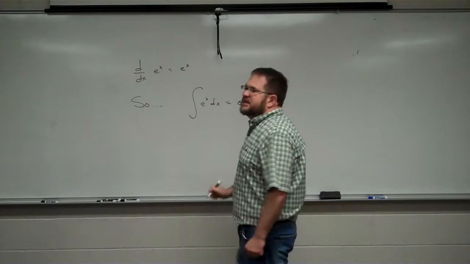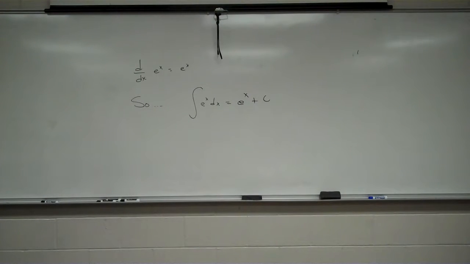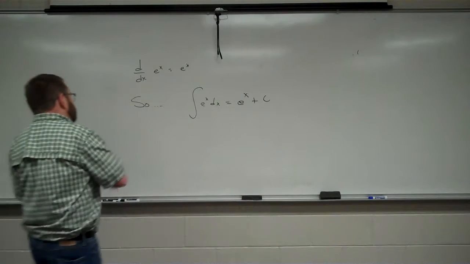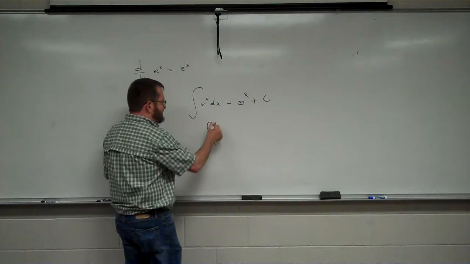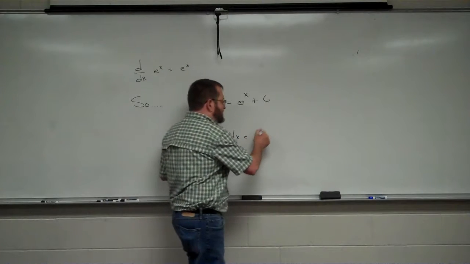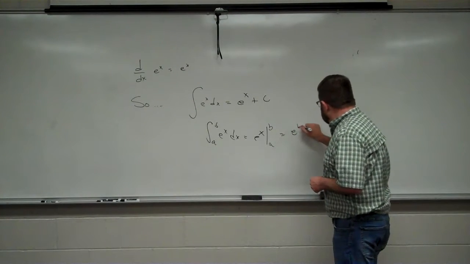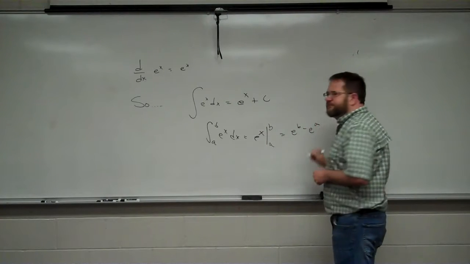Okay, if it's an indefinite integral, it's e to the x plus some constant. Any constant would work. Or if it's a definite integral, with some numbers here, then it would be e to the x evaluated at b and a, or e to the b minus e to the a.